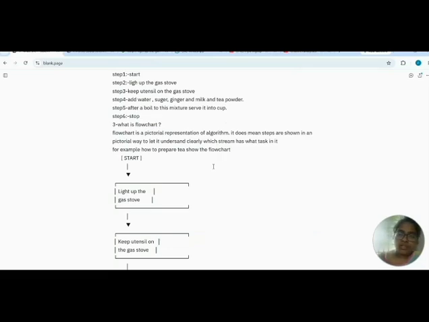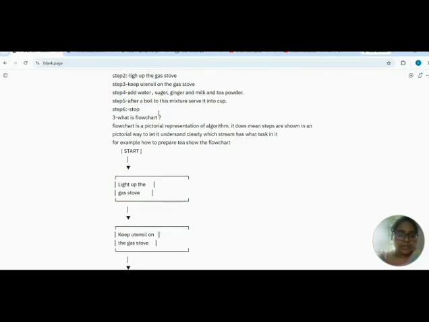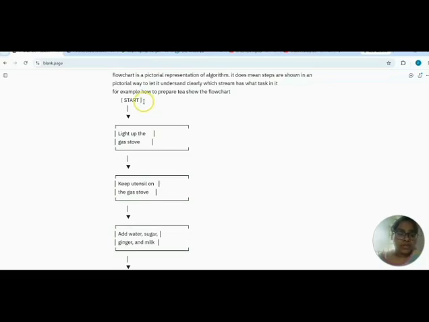It means steps are shown in a pictorial way to let us understand clearly which step has what task in it. For example, how to prepare tea, show the flowchart. Now whatever steps we wrote here in the algorithm, we are adding into the flowchart in a pictorial way. Now the first and last step are always decided.